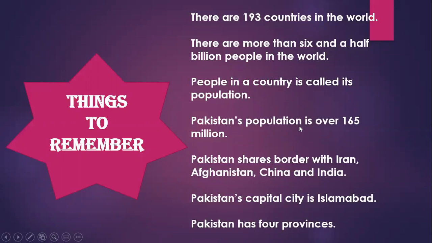Pakistan's population is over 165 million. Pakistan shares border with Iran, Afghanistan, China, and India. Pakistan's capital city is Islamabad. Pakistan has 4 provinces. These things you have to remember.